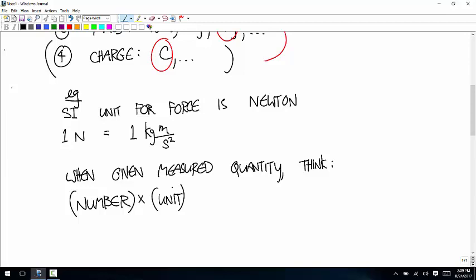If you think of a measured quantity as the length of this, right?